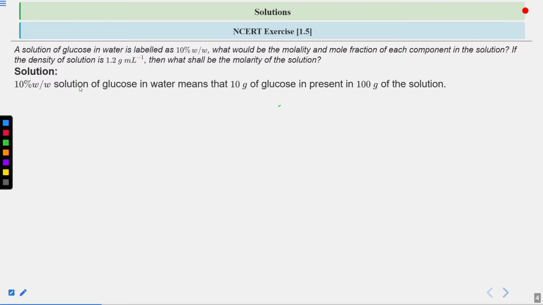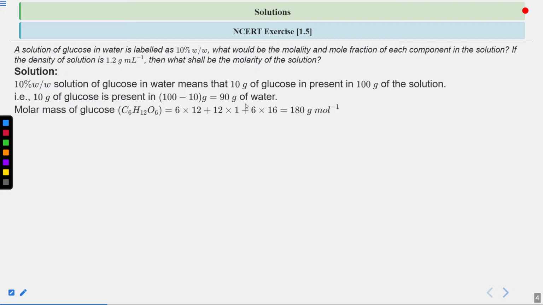Coming back to our question, it is written that it is a 10% weight by weight solution, by which we can say that 10 gram of glucose is dissolved in 100 gram of the solution. If 10 gram is glucose out of 100 gram, then 90 gram is water.